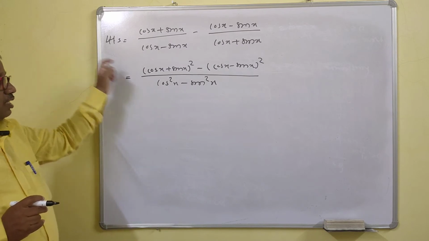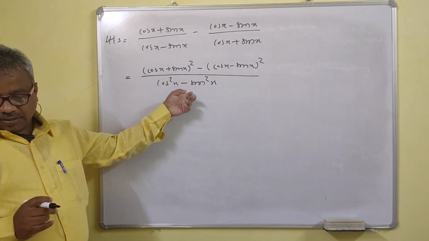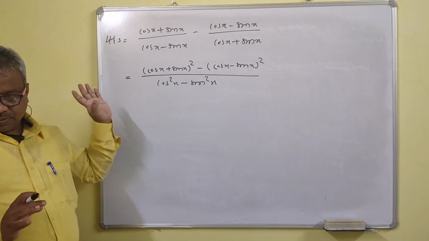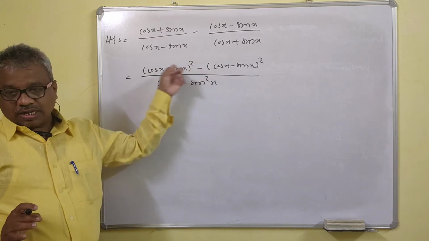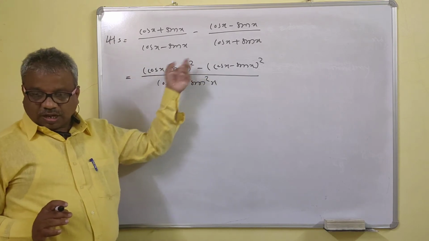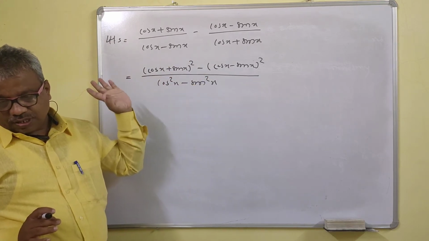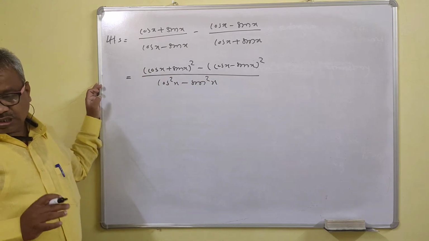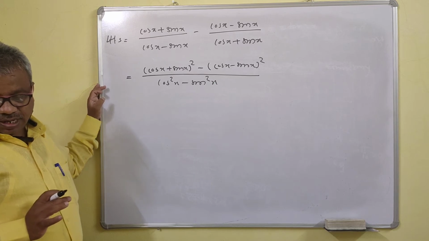Now note that this is not 1 because the minus sign is there, right? So this is the formula for cos 2x, right? So here what we want to show is that the numerator is 2 sin 2x. Then it will be 2 sin 2x upon cos 2x, which is 2 tan 2x, right? So our aim is to prove that your numerator is 2 sin 2x, right?